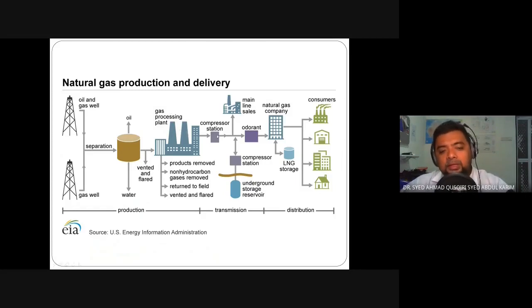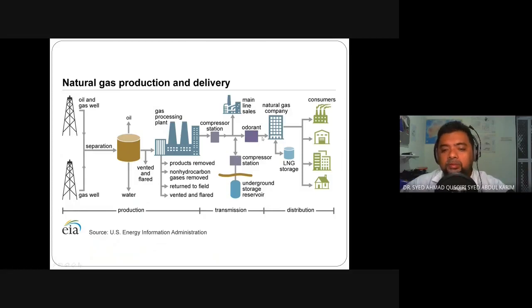Then from there, it is sent to a compressor station to increase the pressure, and then it can either be sent to main line sales, or stored in underground storage reservoirs for later use. Those gases which are going to be immediately used by consumers have odorant put in.